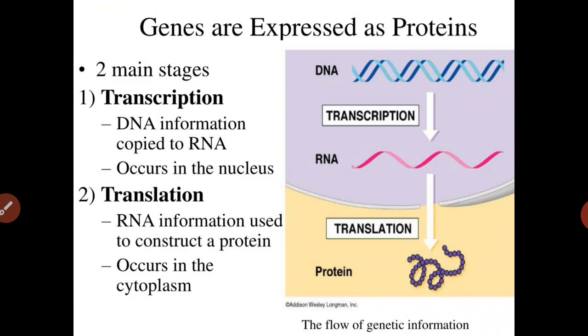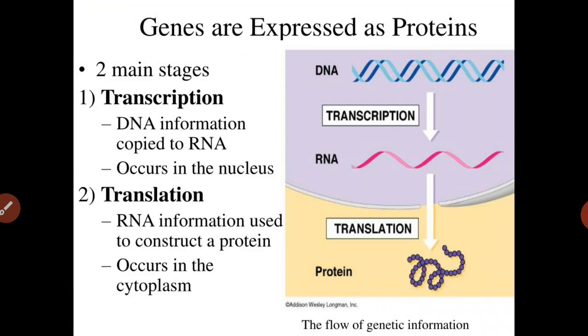So the genes which are present on the chromosomes are expressed as proteins. For that, two main stages are there. First one is transcription. DNA information is copied to RNA. This process occurs in the nucleus.